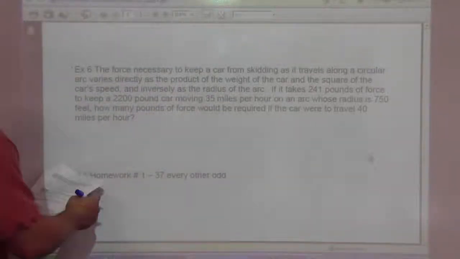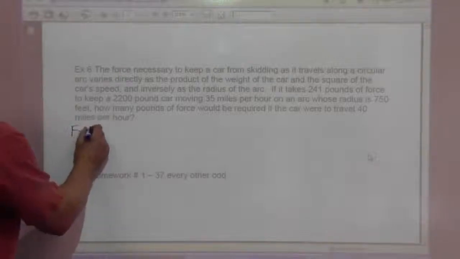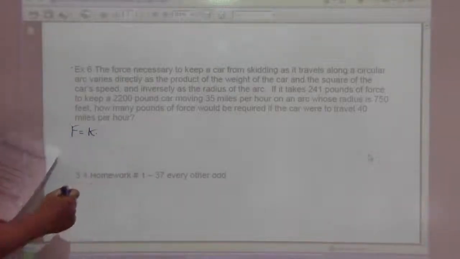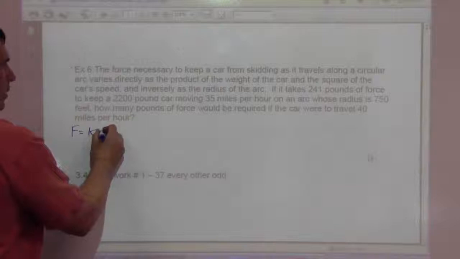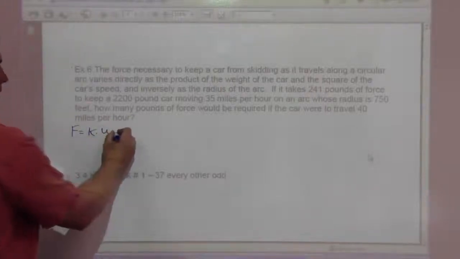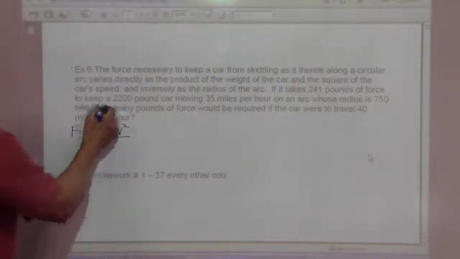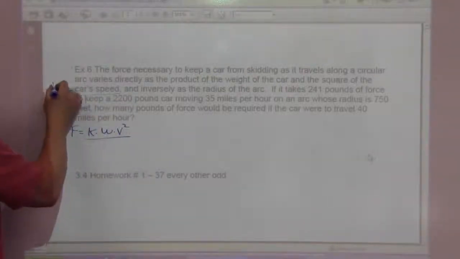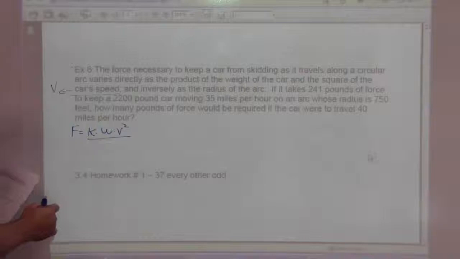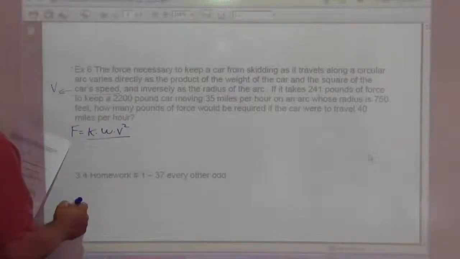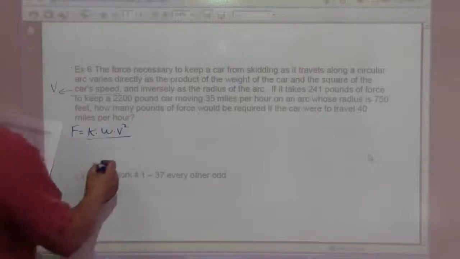So we're looking at force would be k times the weight of the car, we'll call that w, times the square of the car's speed, we'll call that velocity, v squared, over the radius of the arc, r.